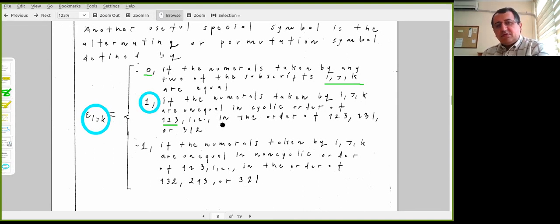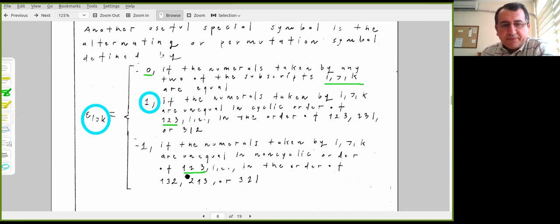You can see that this is related to the cross product of unit vectors. For example, the cross product of E1 and E2 is E3, plus, and E2 and E3 is E1, plus. But if you change the order, this is referred to as the non-cyclic order of 1, 2, 3, or the reverse order.